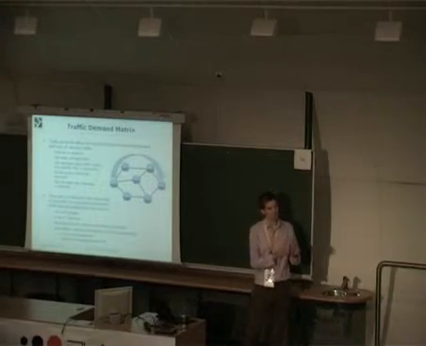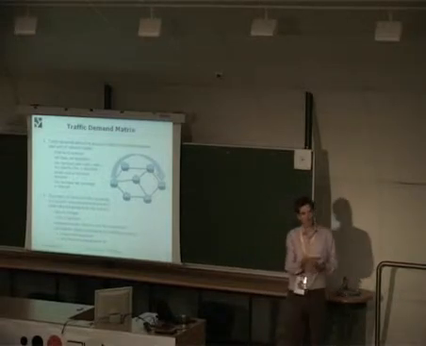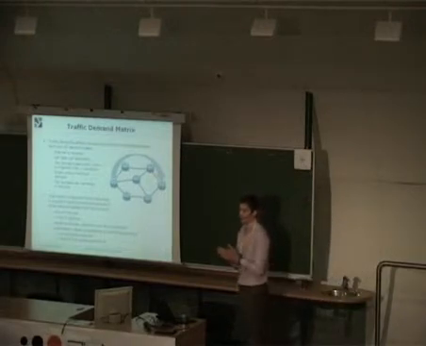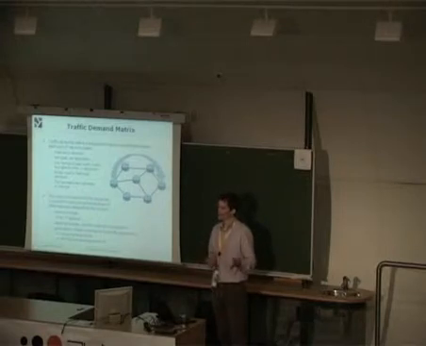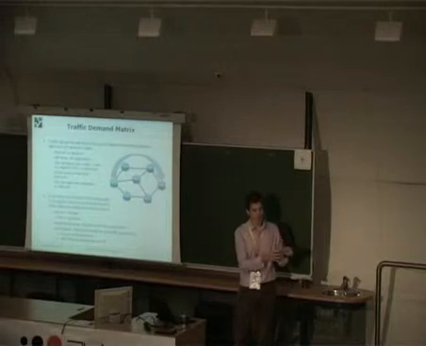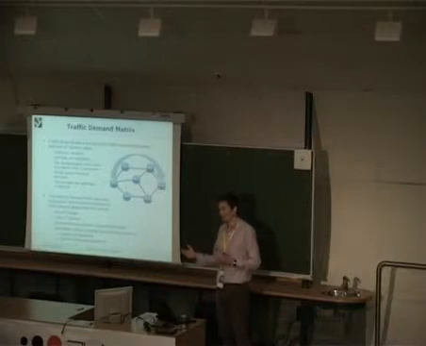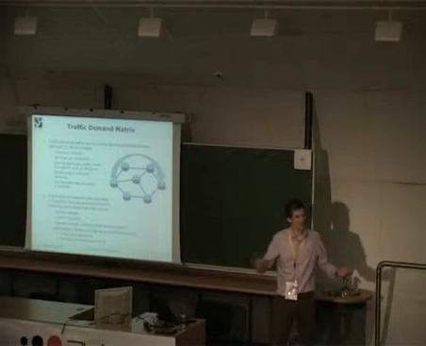Also, if you're trying to plan for failure cases, it's no good just looking at the utilization on one link, because there may be a number of demands crossing that link, and in the failure of that link, those demands may be routed on different paths. So in understanding really what happens in failure cases, you actually need to know the traffic demands. That is, the aggregated demands of traffic from one part of the network to another part of the network, which can be right out at the edge to the edge.